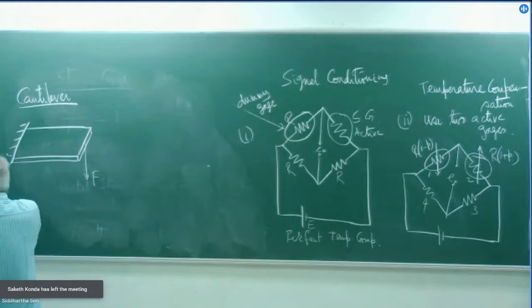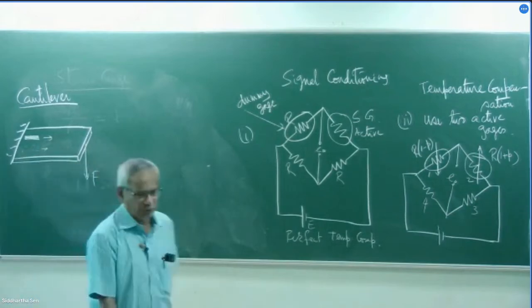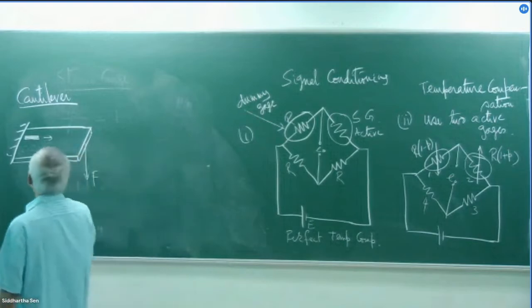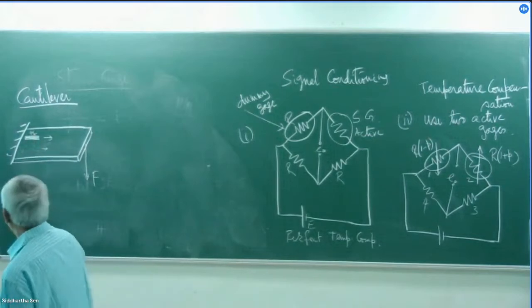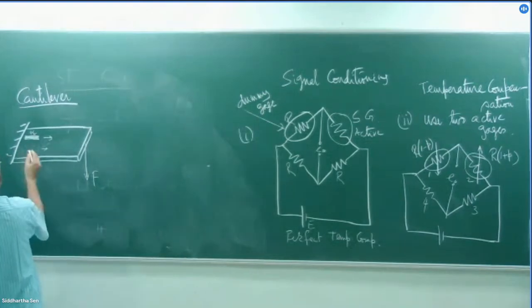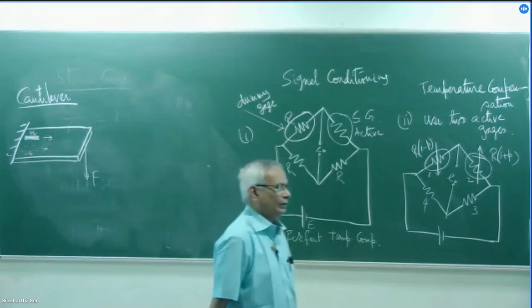Now, if I put a strain gauge on the top of it, which measures the strain in this direction, and another strain gauge at the bottom surface, then if the top strain gauge experiences a strain of plus epsilon, the other one at the bottom will experience a strain of minus epsilon.